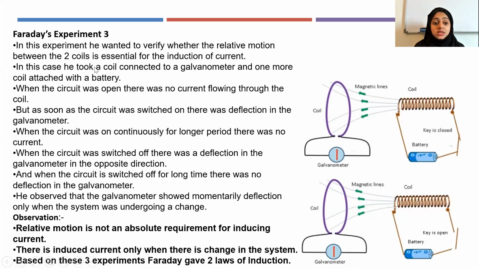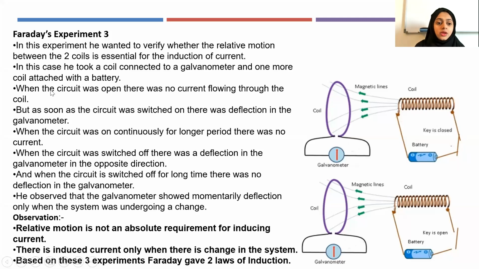So he took in this case a coil connected to a galvanometer and one more coil attached with the battery. As you can see here, the first coil is connected to a galvanometer. The second coil is connected to a battery, but there is a switch also. This is a closed switch.